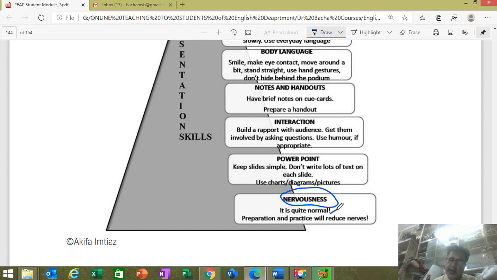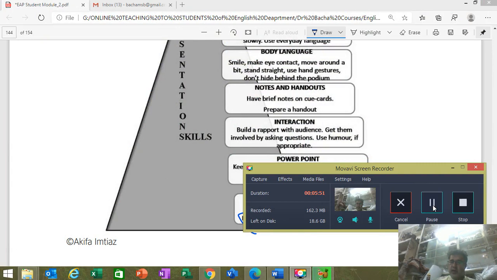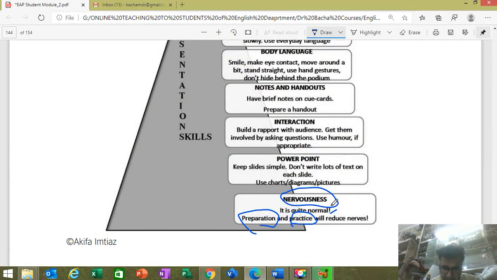It is quite normal, because when you try to practice and prepare, obviously nervousness needs to be taken on. You should start preparations early, and then it would be good.